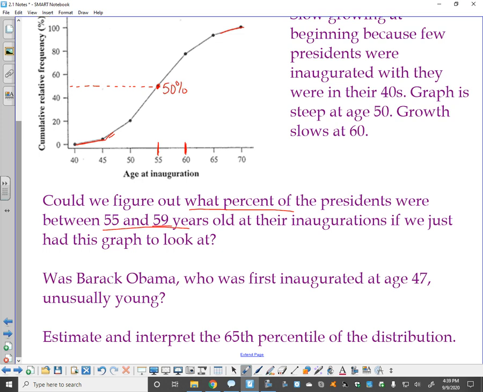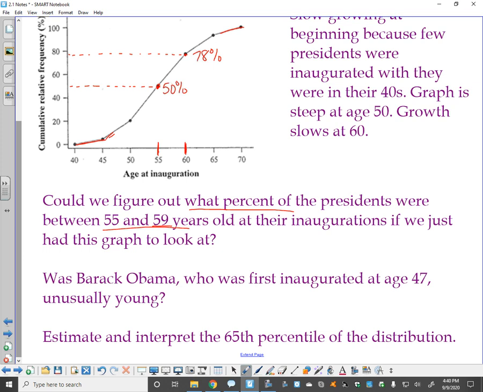Okay, 59. I'm going to say that's just under 80. I'm going to go 78%. We're not going to split hairs if you put 79 or 77, but it should be just under 80.